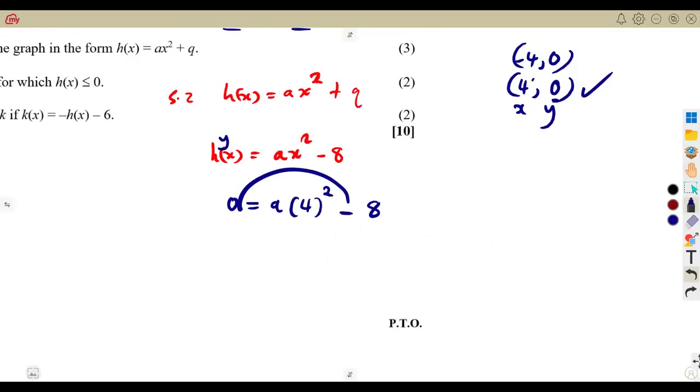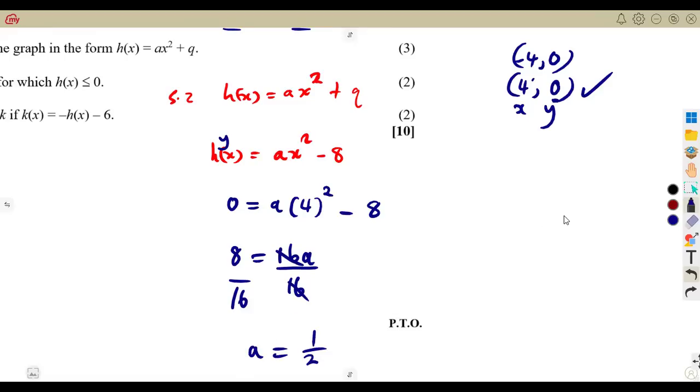Minus 8 to the other side becomes a plus, so 0 plus 8 is 8. 4 squared is 4 times 4, which is 16. That's 16a. Divide both sides by 16 so that we've got the value of a. 8 over 16 simply gives us 1 over 2, or a half. This is the value of a.